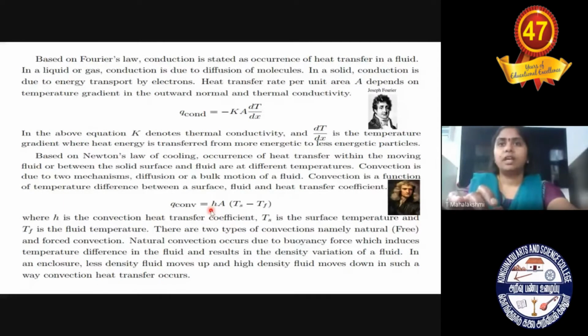They are the heat transfer coefficient, the surface area, and the difference between the surface temperature and the fluid temperature. Most probably we are dealing with the convection mode of heat transfer only.